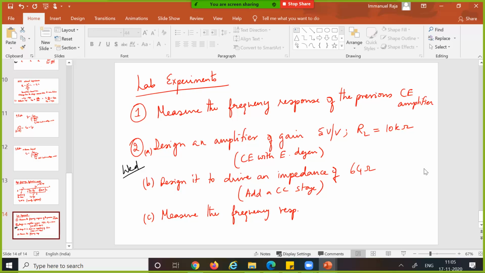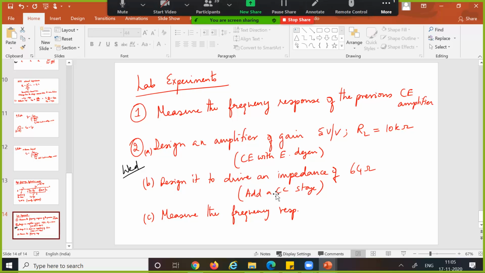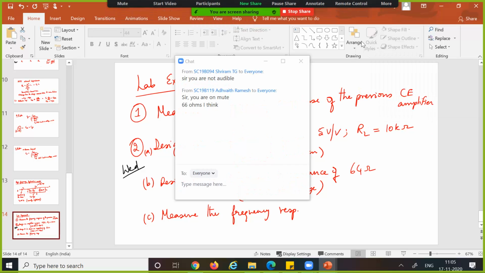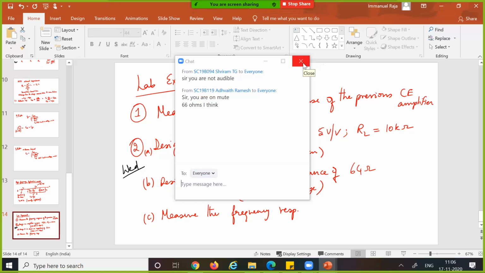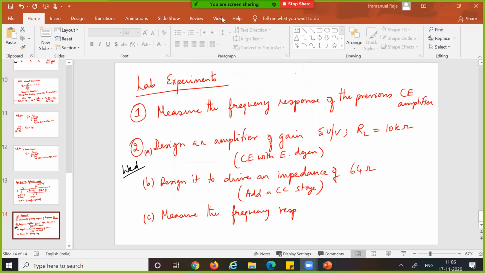My question was what was the impedance that you took at the output of the common collector stage? Yes, sir, 66. Okay, 66. Fine. And you got something like 3 point something as your gain, is it? Yes, sir. Okay, that's okay. The way you can do it is probably just boost up the gain at the first stage to compensate for the attenuation in the second stage. So that's what you can do.